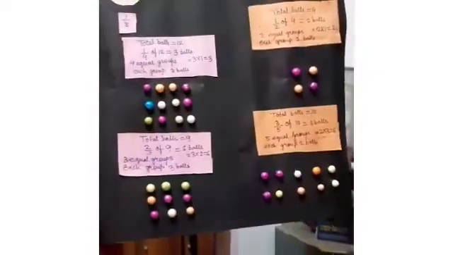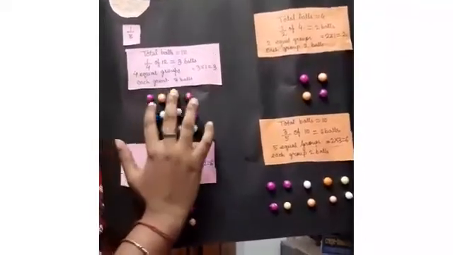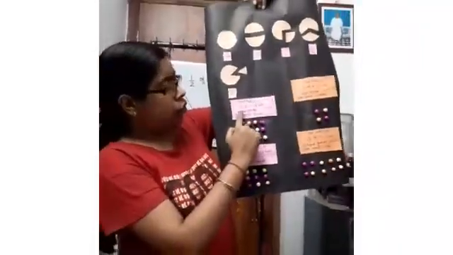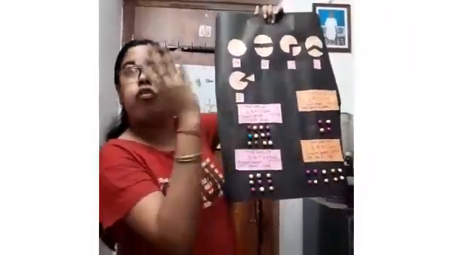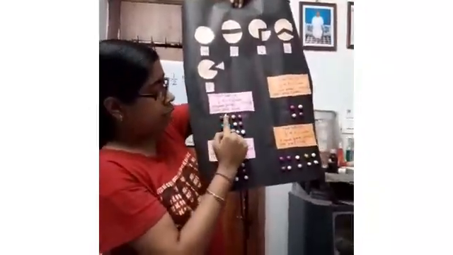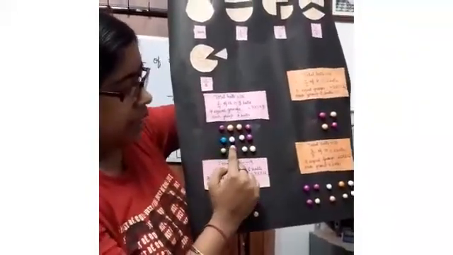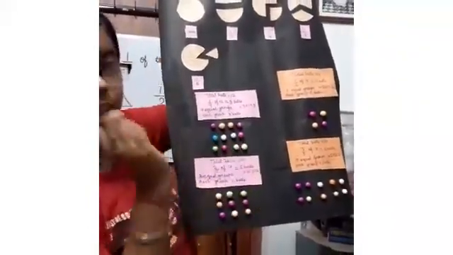How many balls are there? 12. And 1/4 of 12 means we will distribute 12 balls into 4 equal groups. How many groups? 4 equal groups. 1, 2, 3, 4, again 5, 6, 7, 8, 9, 10, 11, 12.